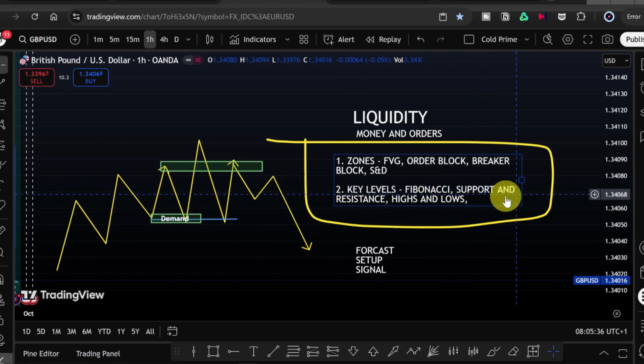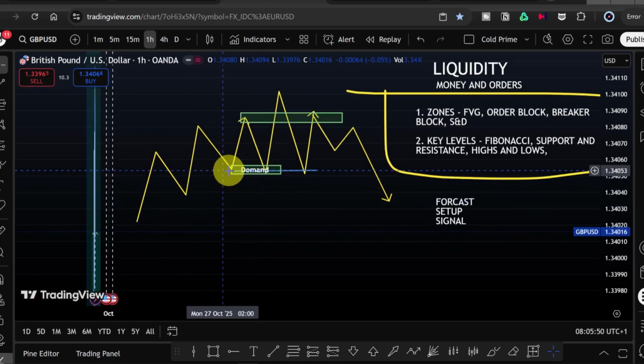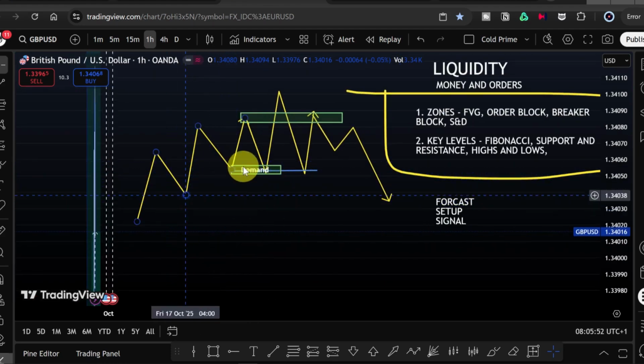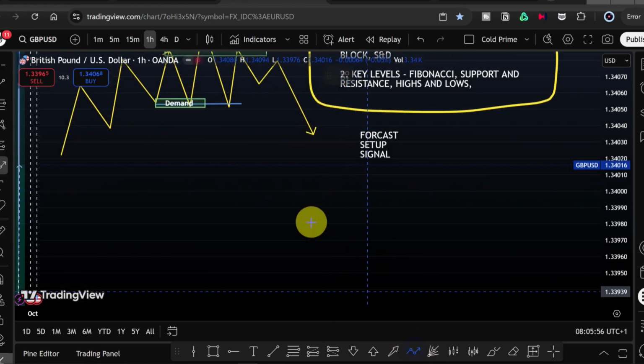Some trade support and resistance. Some trade, I'll not say highs and lows, but essentially support and resistance. This is highs and lows, right? So let's say now another example for highs and lows could be this.